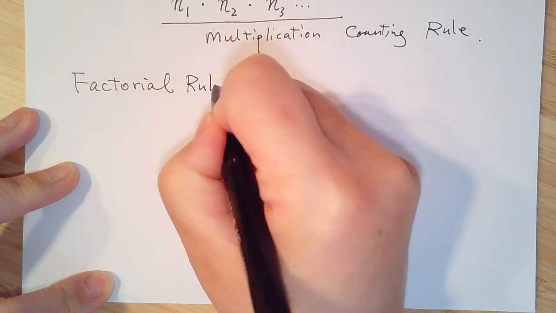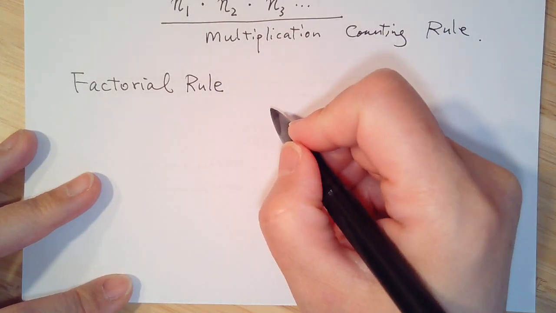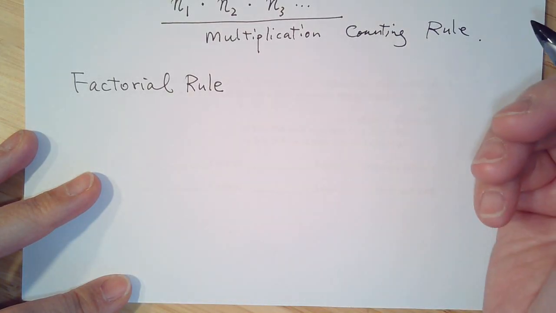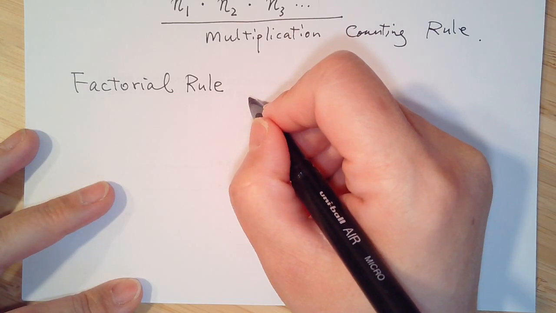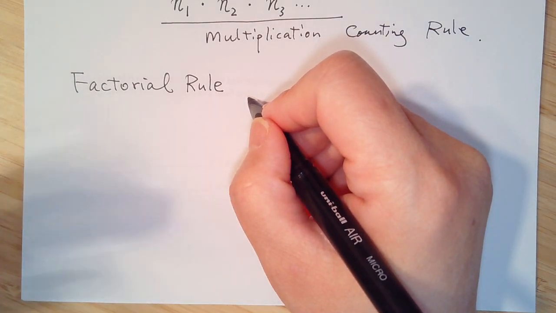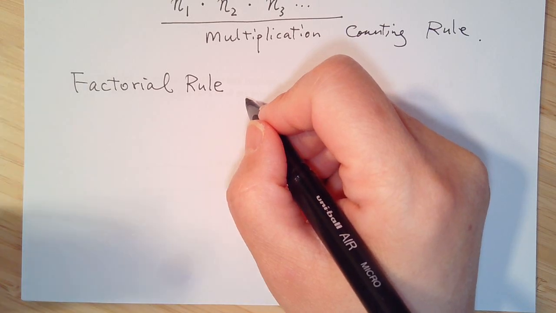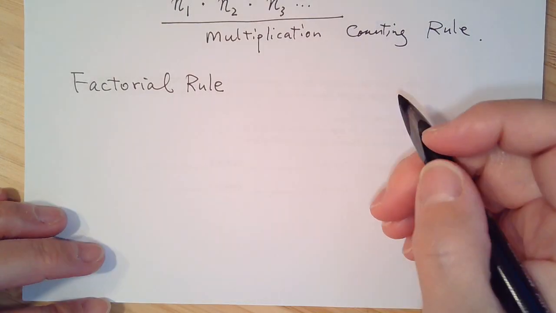Before that, we have to know what a factorial is. It means how many different ways you can arrange n things. If you have 5 letters, A, B, C, D, E, how many different ways can you put them in one string, like A, B, C, D, E, or A, B, C, E, D, or A, C, B, D, E? It's all the different ways to do that.